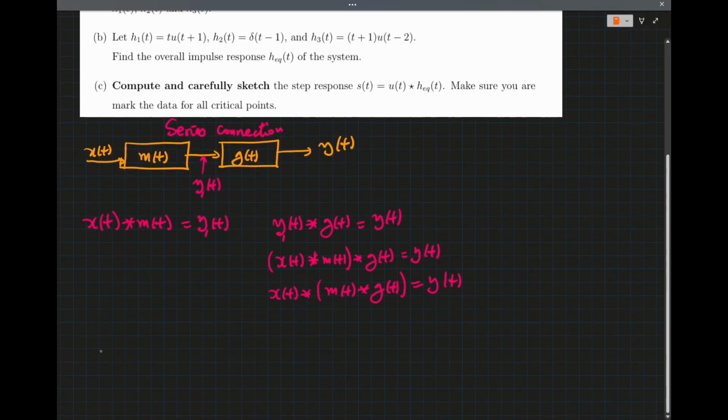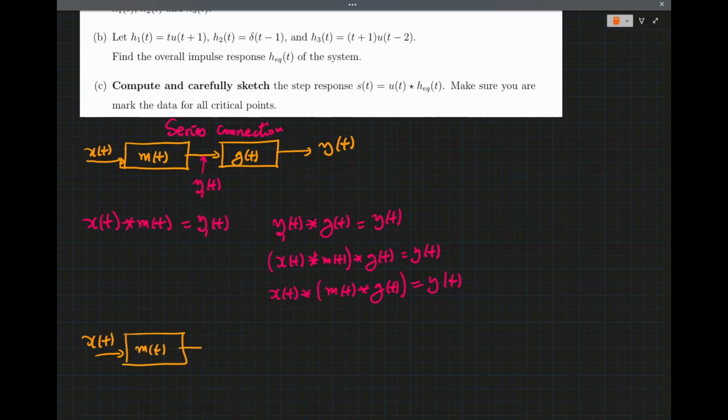When we have a series network, x of t, then m of t connected in series with g of t, which is the system 2 impulse response, and then y of t, this is equivalent to m of t convolved with g of t.